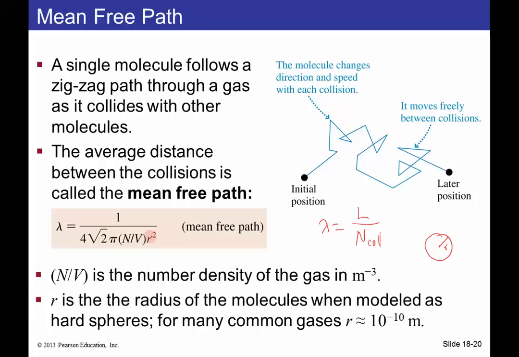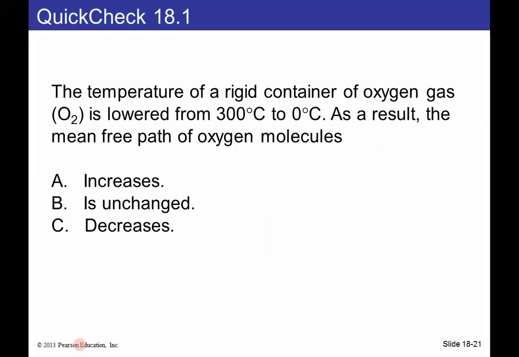So now, with that idea of mean free path, we can start talking about pressure, right? But before that, let's go through this question here. You have a rigid container of oxygen. Oxygen is a diatomic molecule, O2. Its temperature is lowered from 300 degrees Celsius to 0 degrees Celsius, right?